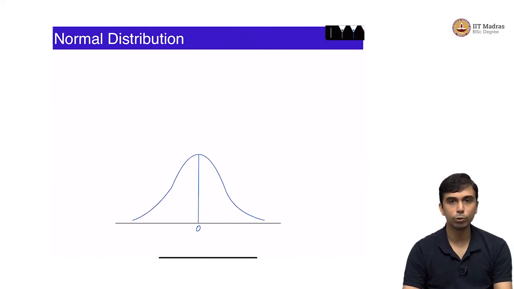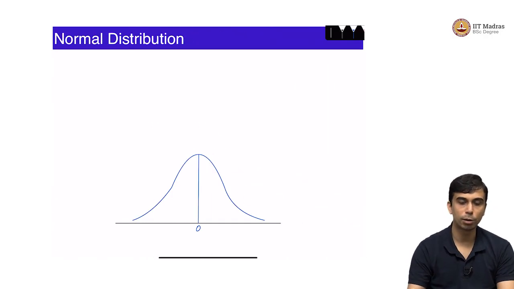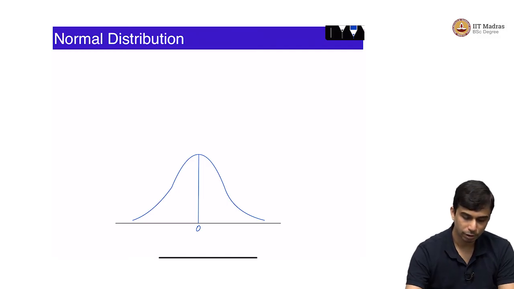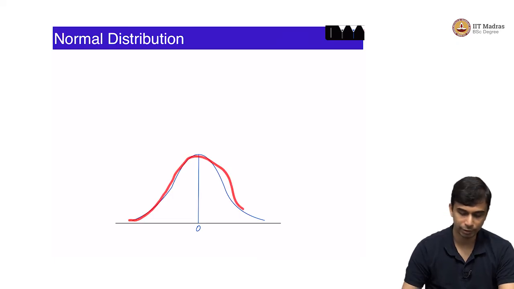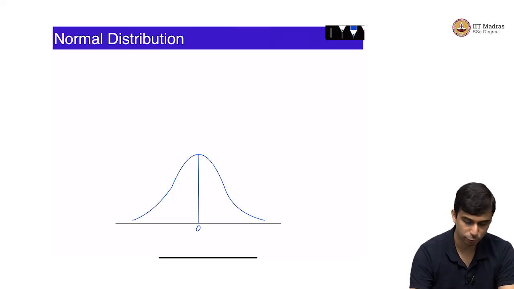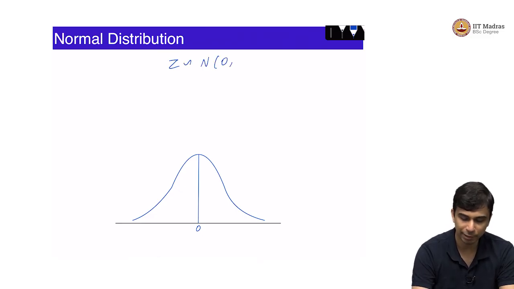Right. So now we will move to the next example, which is the normal distribution. The normal distribution is something which you might have seen already in school, and it has a very characteristic bell curve. So we will say Z is distributed as standard normal, or normal with parameters 0 and 1.